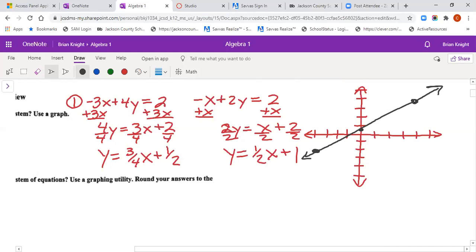On my second one, where is my y-intercept? 1. So right here. And I go up 1 over 2. Would be about right there. Or I could go down 1, left 2, and graph it as best I can.